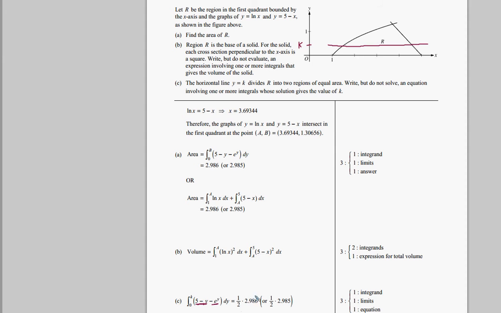And we know that the total area is equal to what we got in part A. So they took the 2.986 and they set it equal to half of 2.986. That would be one setup.